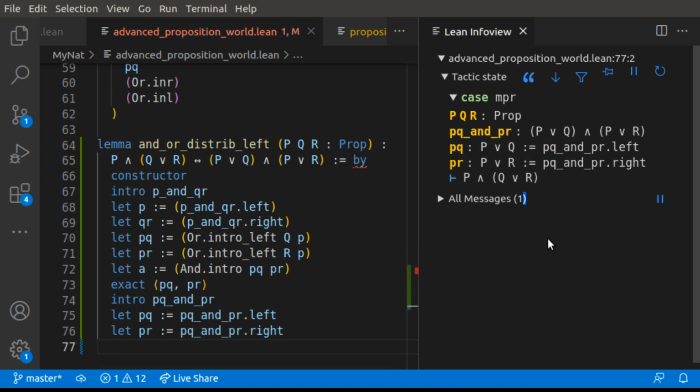Okay, so I think we just need, okay, P or R. P and (Q or R).